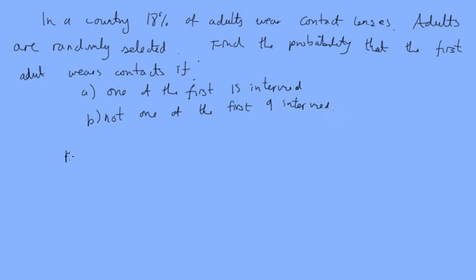So one of the first 15 means the probability that X is going to be less than or equal to 15, because it can be the 15th person interviewed.